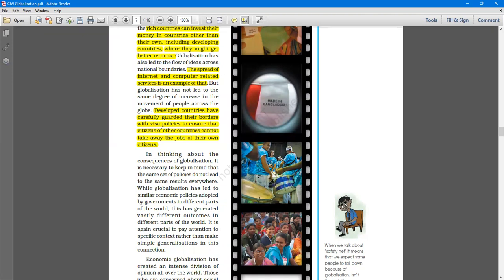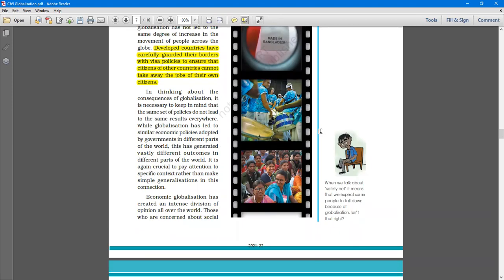Now the native people of these countries are demanding that laws must be made to protect the jobs in their own country. So many of these developed countries have carefully guarded their own borders with certain policies and programs to ensure that their citizens also get proper work.